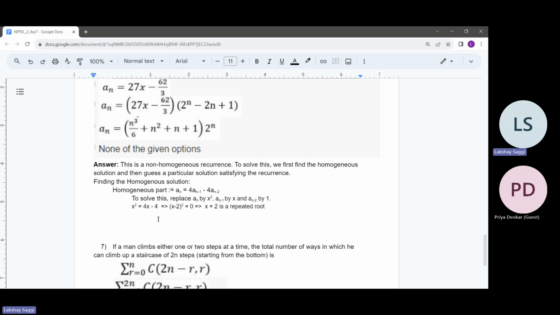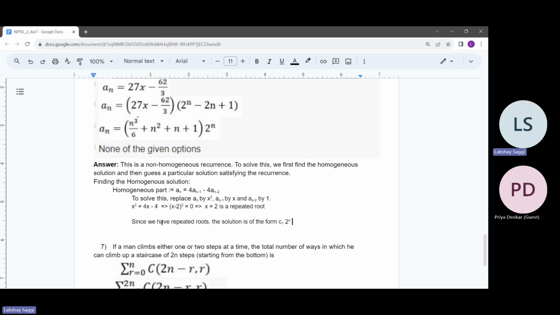If we had got two different roots alpha and beta, then our solution would have been of the form c1 alpha to the power n plus c2 beta to the power n, if alpha is not equal to beta.